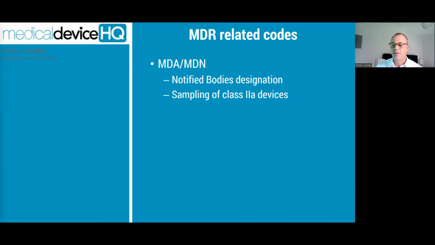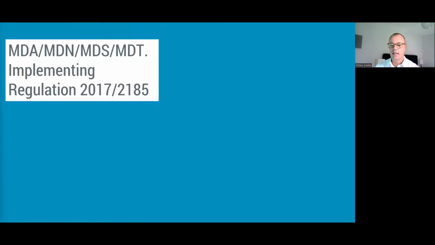It is another seminar of its own. But let's look at the MDA and the MDN codes, or just normally called MDR codes, and what they are used for. These are published in the implementing regulation 2017-2185. So you will not find these codes in the actual MDR.